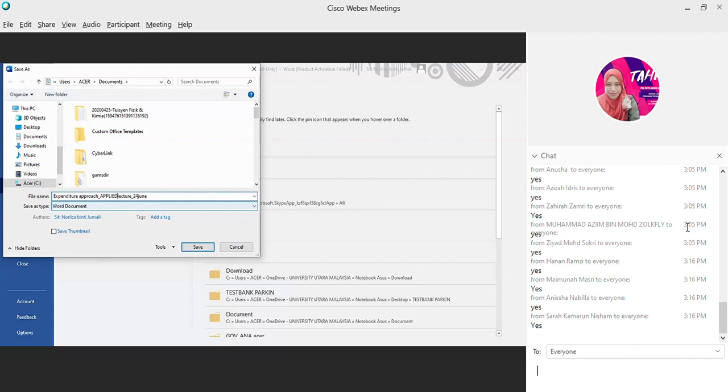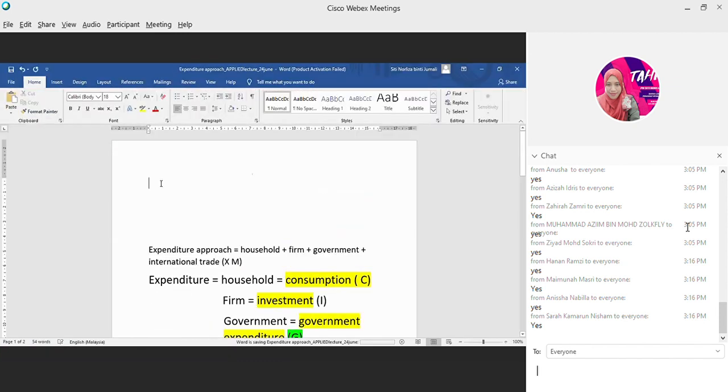Now we have only two sectors. I hope you remember this. We have household and firm.